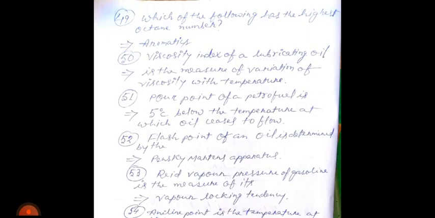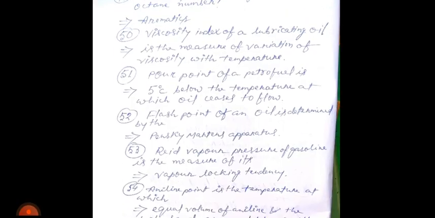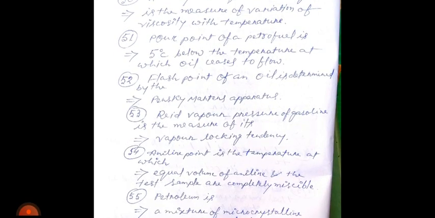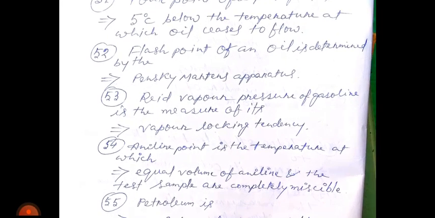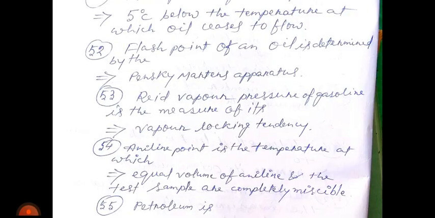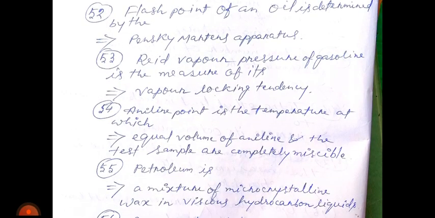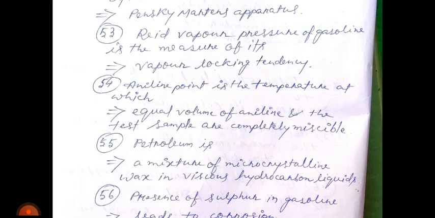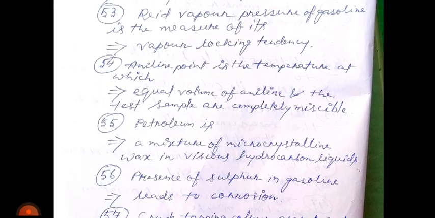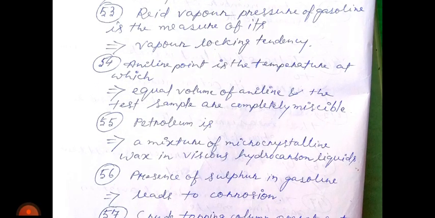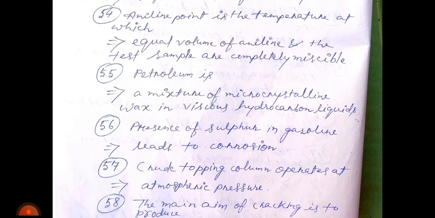Pour point of a petroleum fuel is 5 degrees Celsius above the temperature at which oil ceases to flow. Flash point of an oil is determined by the Pensky-Martens apparatus. Reid vapor pressure of gasoline is a measure of its vapor locking tendency. Aniline point is the temperature at which equal volumes of aniline and the test sample are completely miscible.